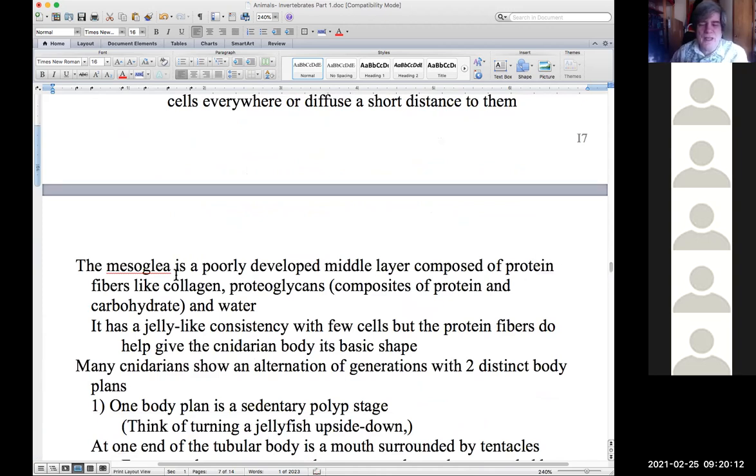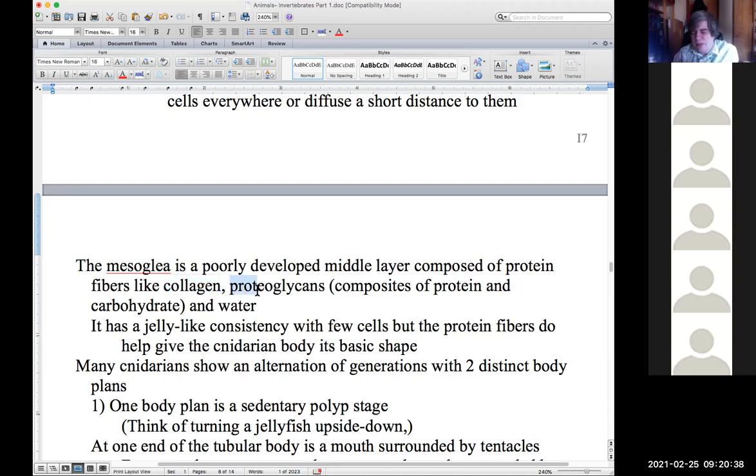Now, in between the epidermis and the gastrodermis, they have a layer called the mesoglea. And the mesoglea is somewhat similar to that mesohyl that we saw in the sponges. We don't really see cells in this layer, but there are a lot of protein fibers, including a lot of collagen, which is a protein that's found in human skin, for instance.